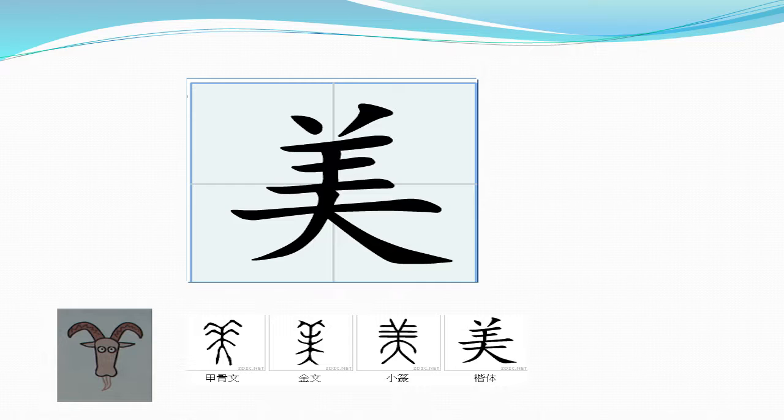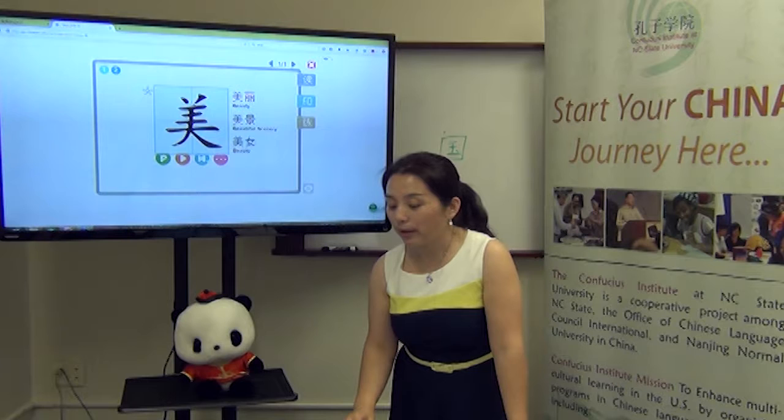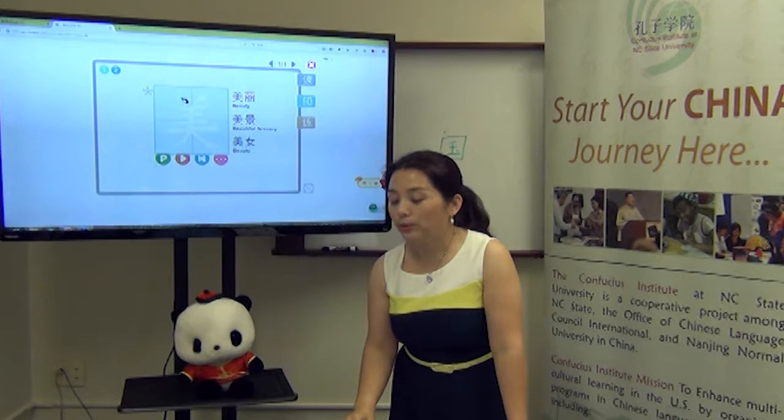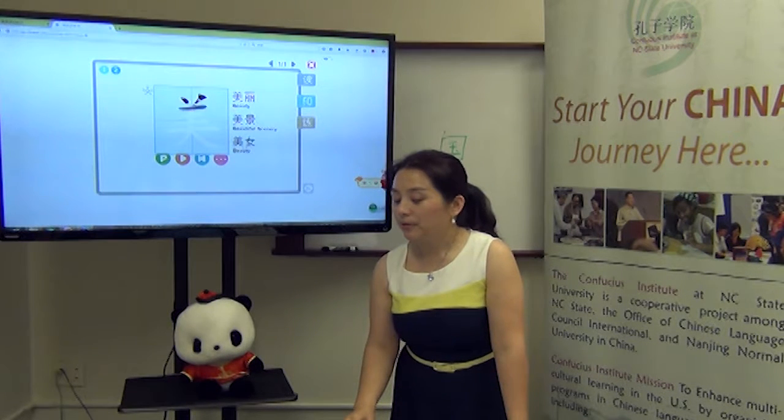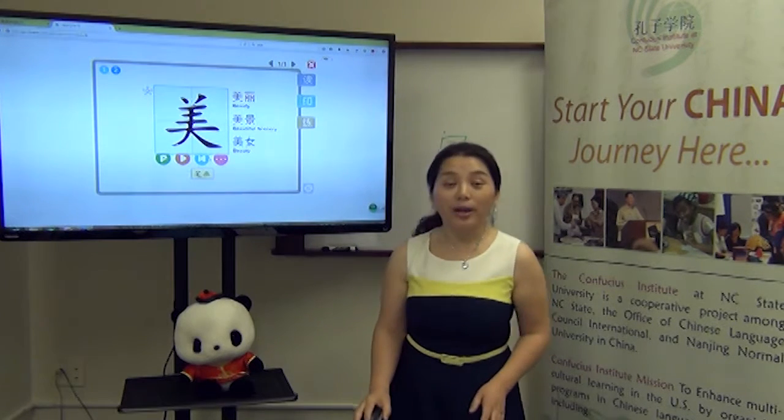Now let's come to the strokes of this character. You see, there are two different parts. So the horns of the sheep: 点, 撇, 横, 竖, 横, 横, 撇, 捺. Now you get some idea.